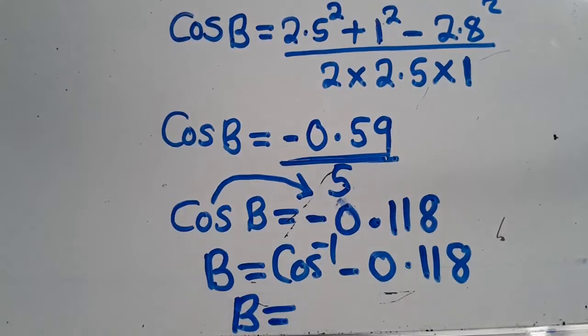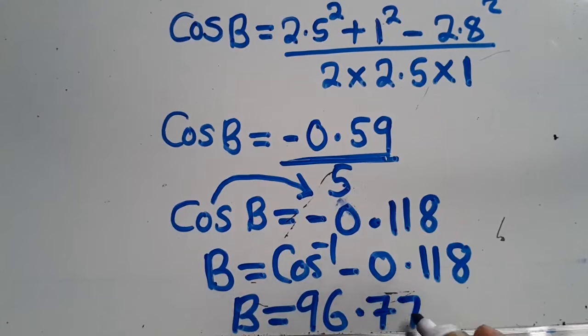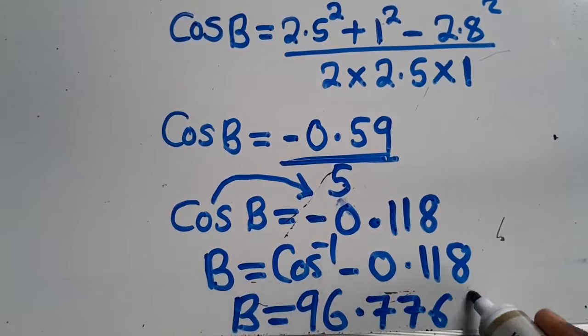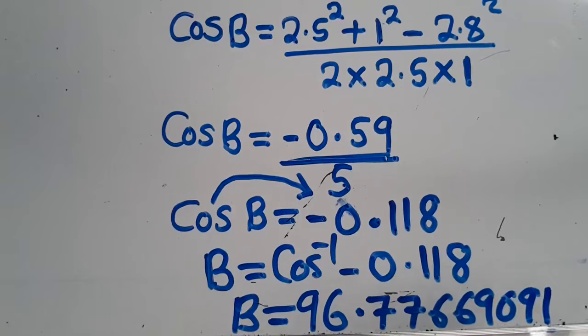On your calculator, you type this, shift cos, then negative 0.118. What answer are you getting? You are going to get 96.767669091. You are going to get this as your answer.